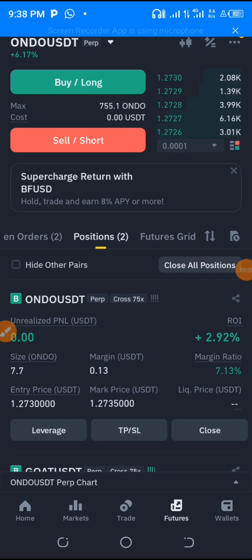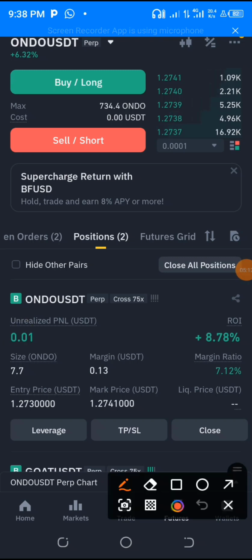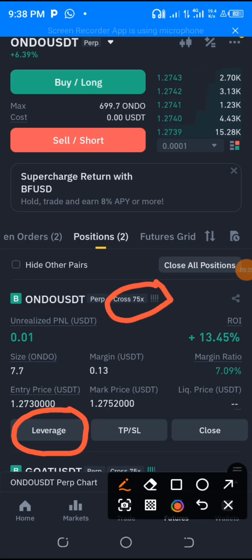So in case you want to reduce or increase your leverage here, you come to this position. If you want to adjust the leverage, because here the leverage which we are using is 75x, you come here and you adjust it, either reduce it or increase it.